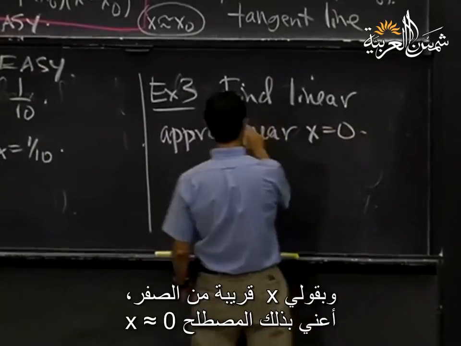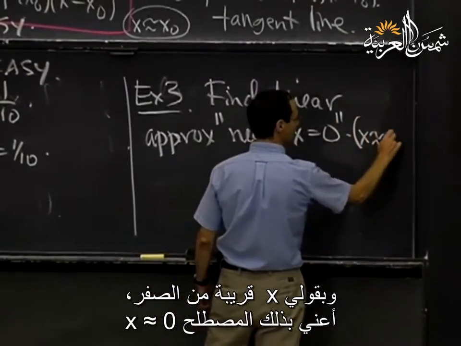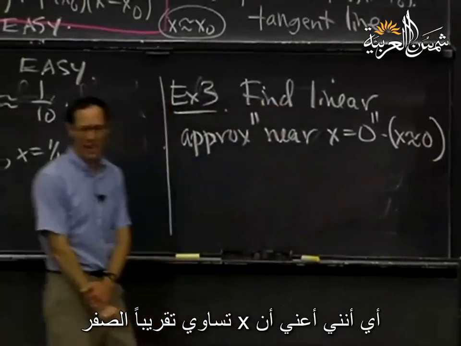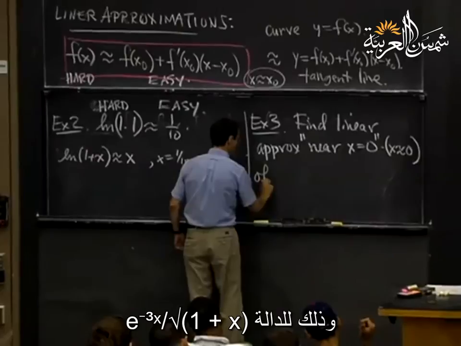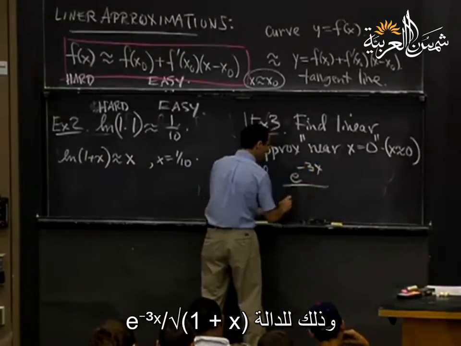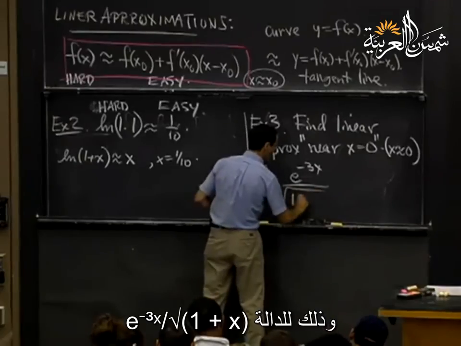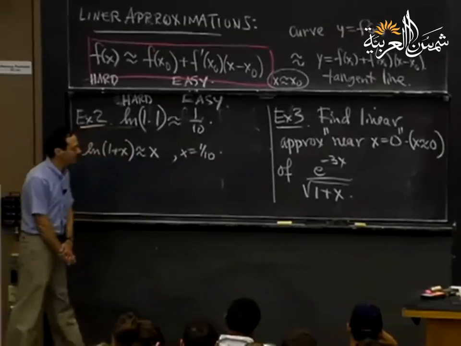When I write this expression near x equals 0, that's the same thing as saying x is approximately 0, of the function e to the minus 3x divided by square root 1 plus x. All right? So here's a function.